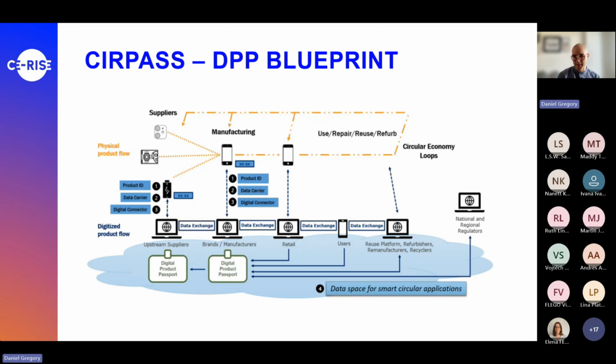Those can have digital product passports in and of themselves, and then those combine together to create something from the manufacturing stage that then gets used, and as it gets used, and there are different kinds of circular economy systems, you have this digital information flow, which is represented in the blue lines down here.